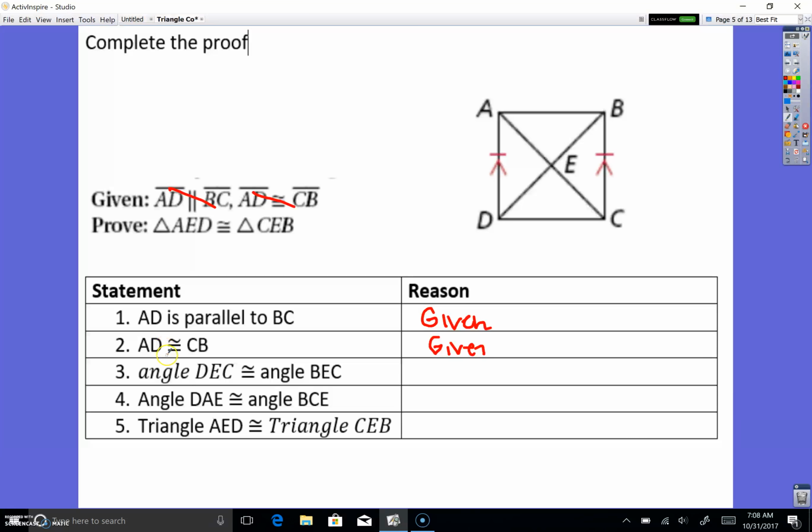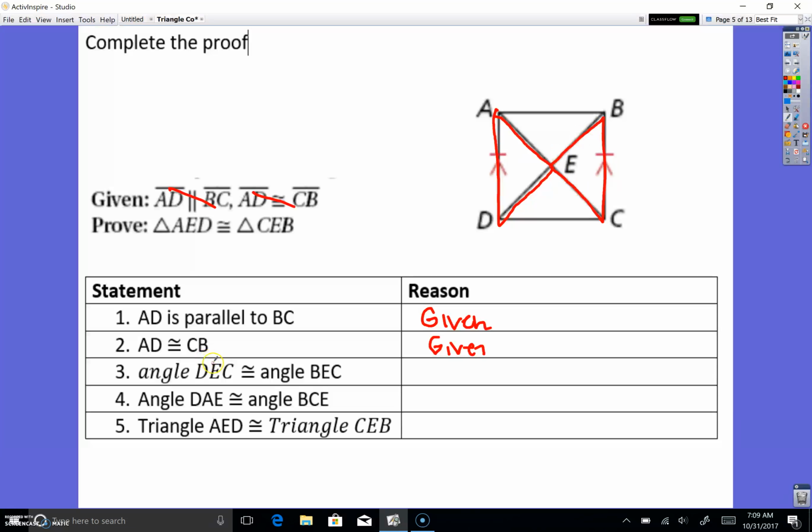I need three of them, unless I use HL. Angle DEC is congruent to angle BEC. So let's look at that. I want to make this triangle congruent to CEB.